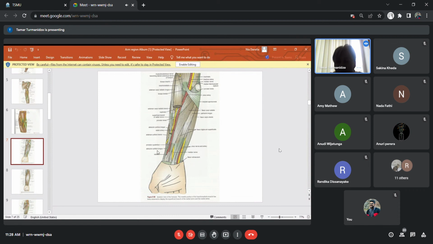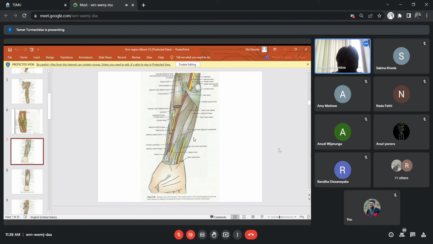But in the lower third part of the forearm region, the lateral side is formed by brachioradialis muscle, and the medial side is formed by flexor carpi radialis muscle. So in the upper part of the forearm, radial sulcus is formed by brachioradialis muscle and pronator teres muscle, but in the lower third part of the forearm, it is formed by brachioradialis muscle, and medially by flexor carpi radialis muscle.